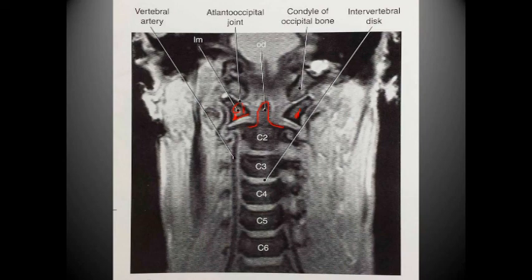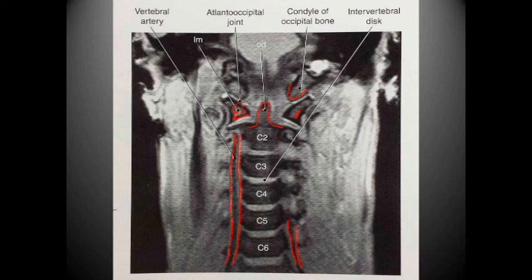We have the condyle of the occipital bone, which articulates with C1. Additionally, we're showing the vertebral artery on the right hand side, ascending through the neck, through the transverse foramen of the cervical spine. We do see a little bit on the left side as well.